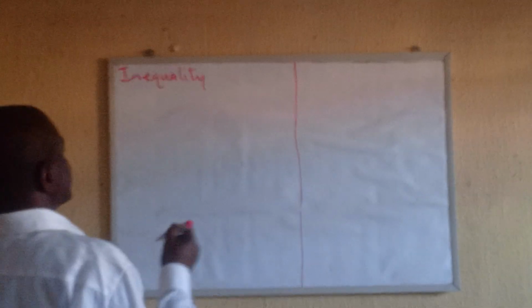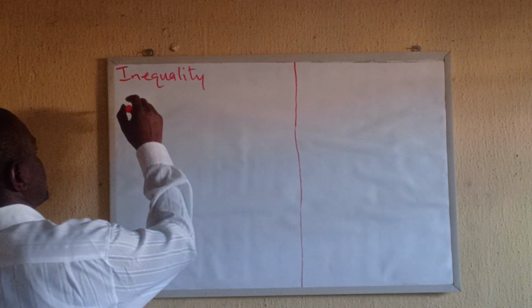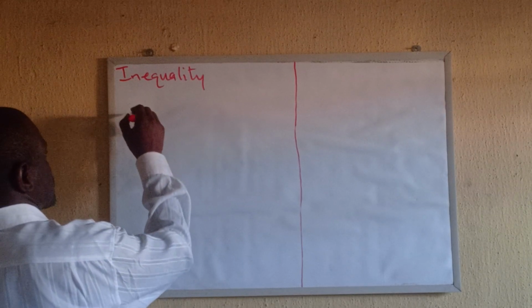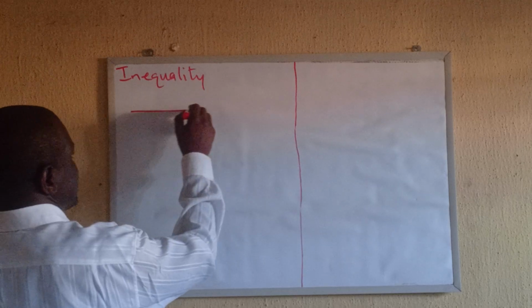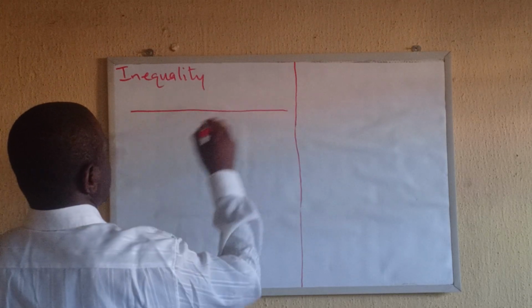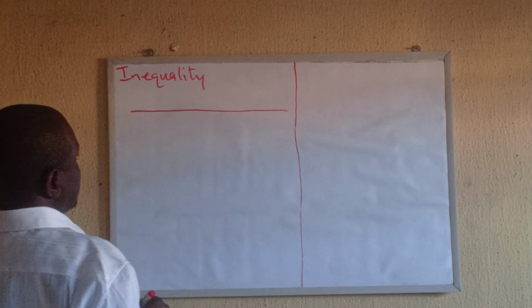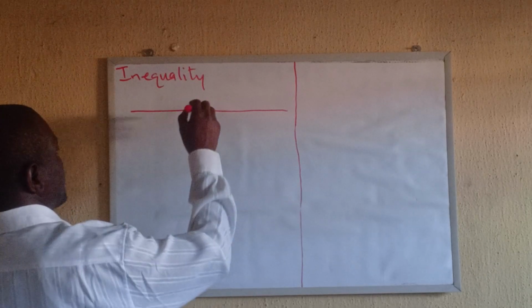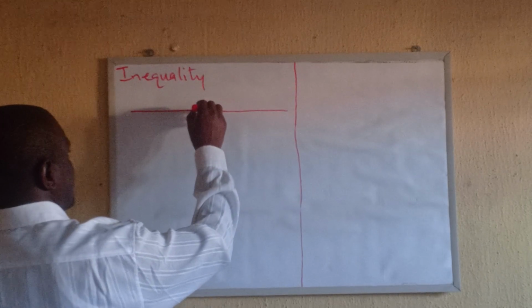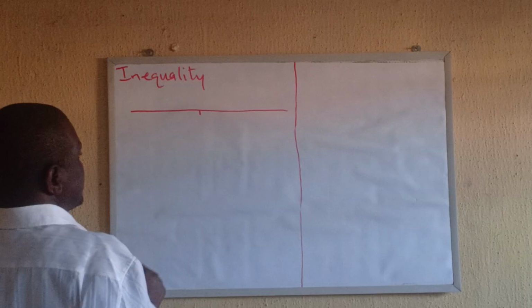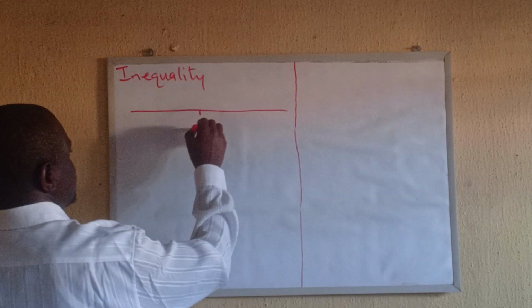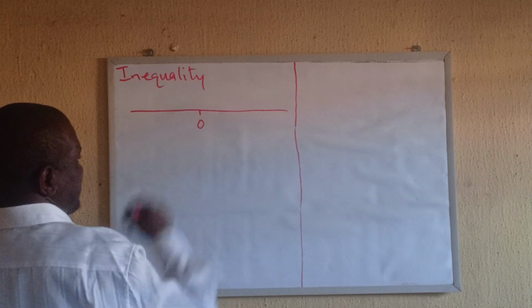Number line. A student is supposed to know how to construct a number line. Students find it difficult to construct it. We draw a straight line like this. At the middle of the line, just a little line, put 0, which serves as the middle.